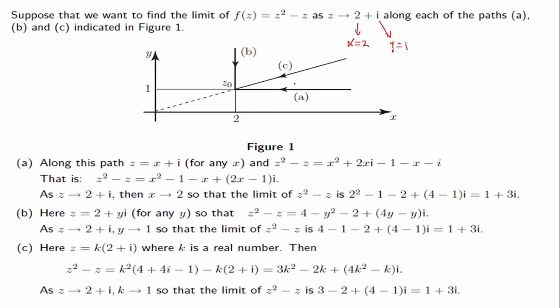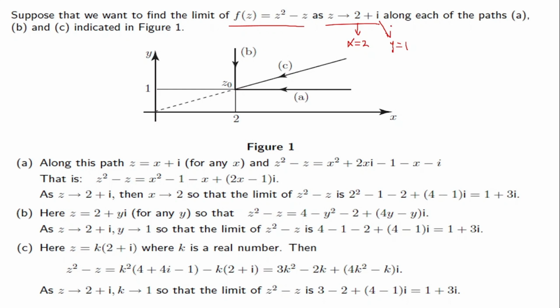So this is what you're going to do. Sir, in the question, are you seeing what I'm doing? Yes, sir. Now it says, suppose I ask you to find the limit of this function as z goes to this. I'll stop here.